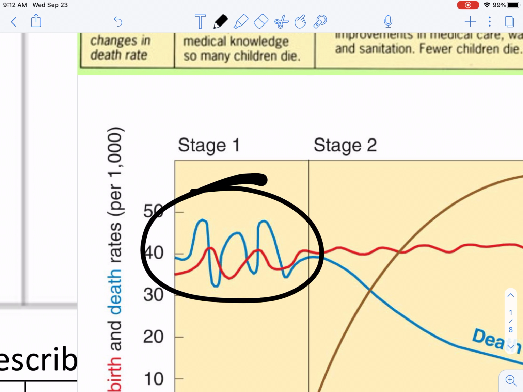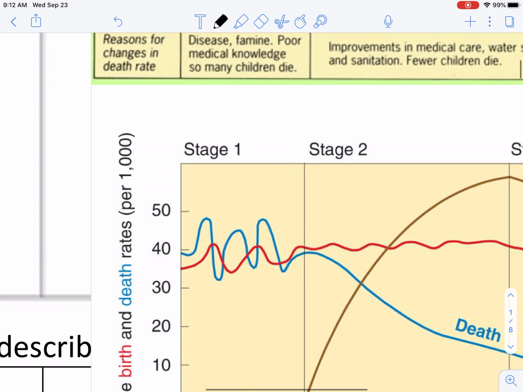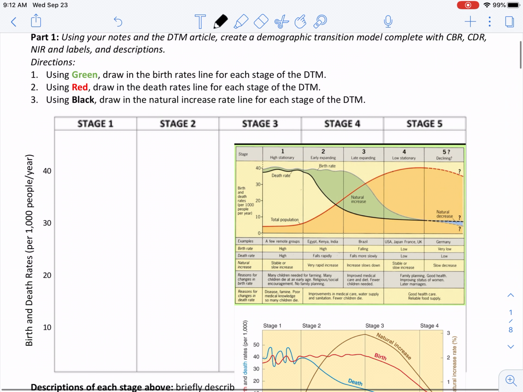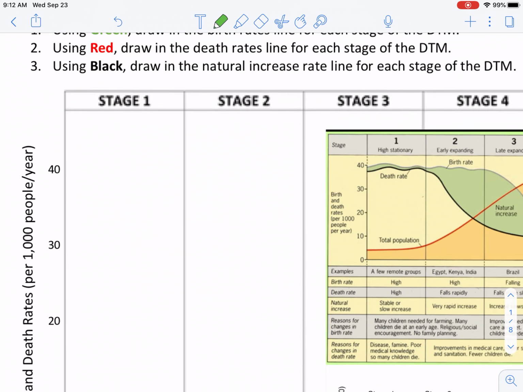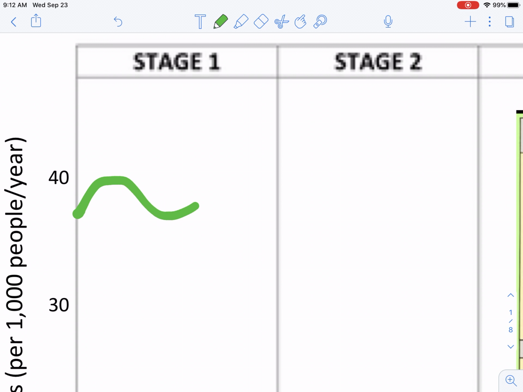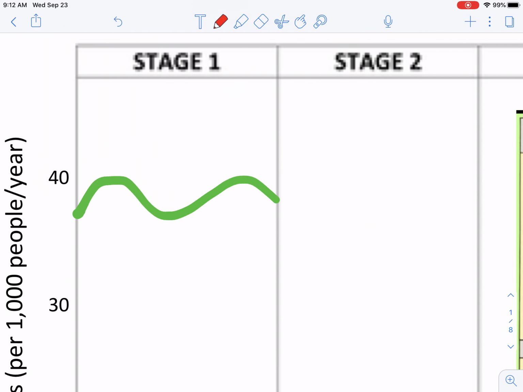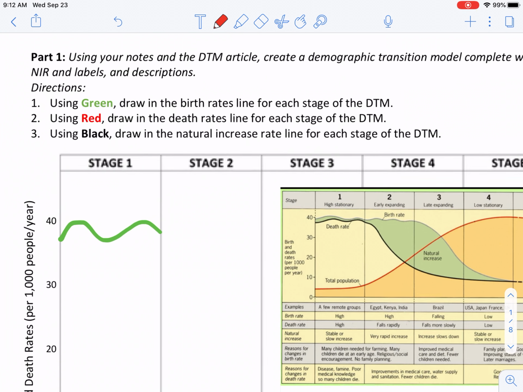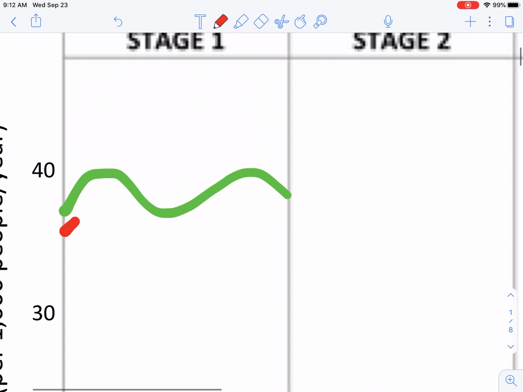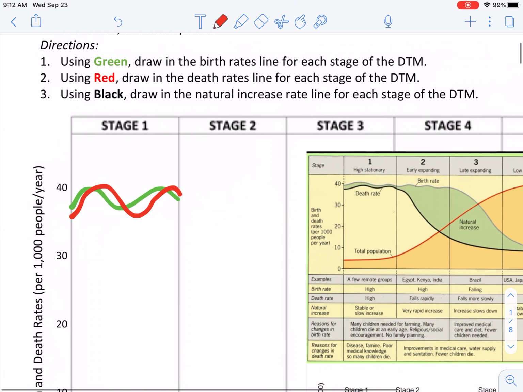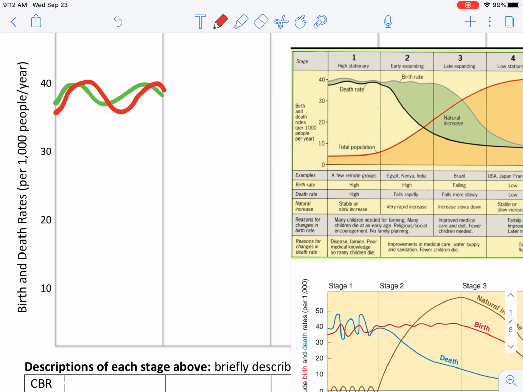They're both around 40. So let's go green. Then the death rate is red. Kind of looks like those.